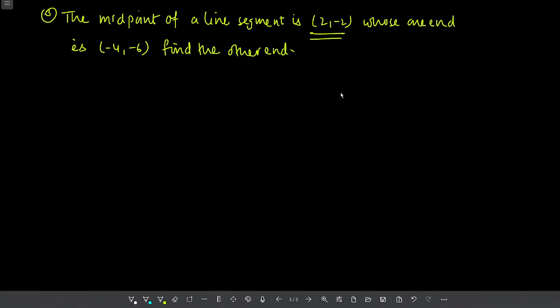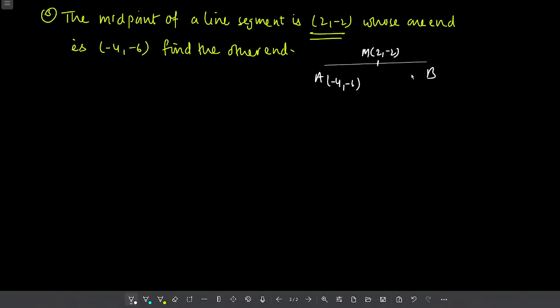Like if this is our line, then you can assume this point as A and this point as B. The midpoint you can assume as M. The midpoint is (2, -2), and one end is (-4, -6).